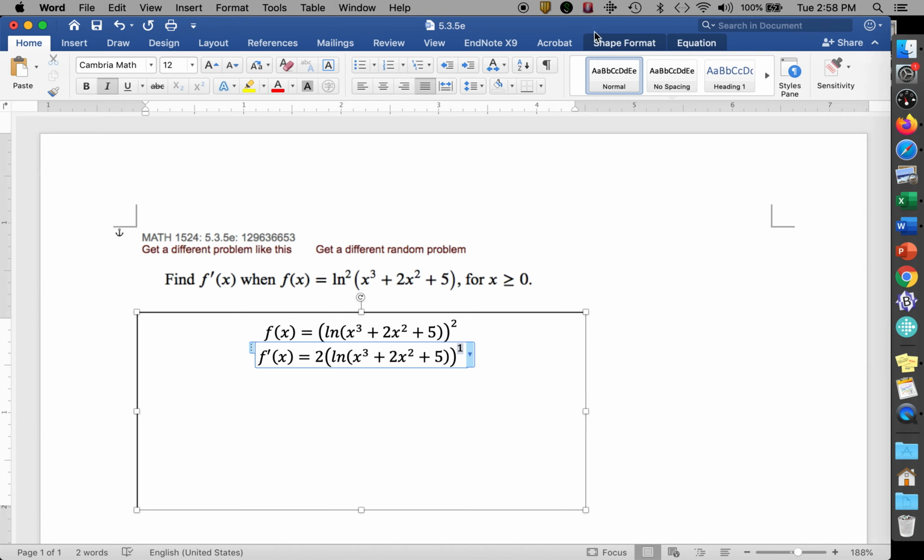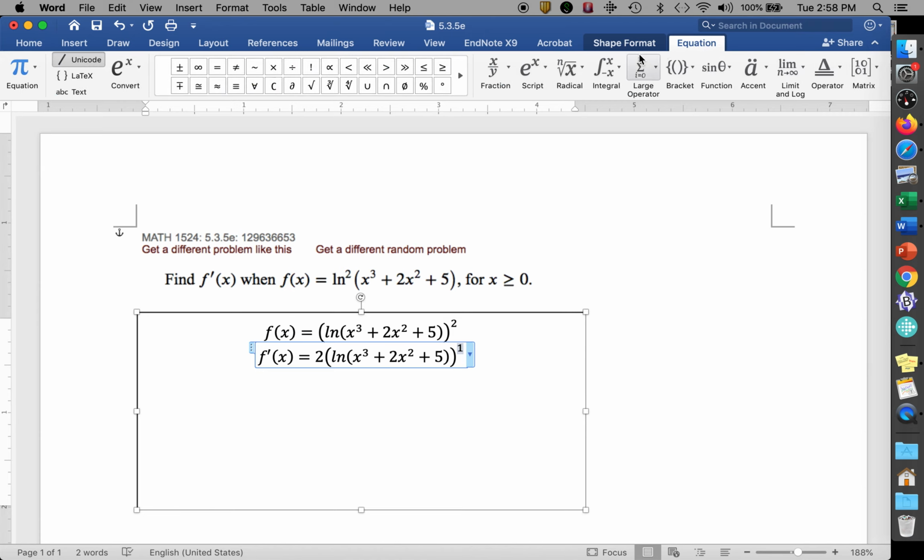So I'm going to do 1 over the polynomial that's inside. So 1 over the x cubed plus 2x squared plus 5. That would be the derivative of natural log of whatever. So natural log of x cubed plus 2x squared plus 5. I leave the inside the same, but I do 1 over because it was a natural log.